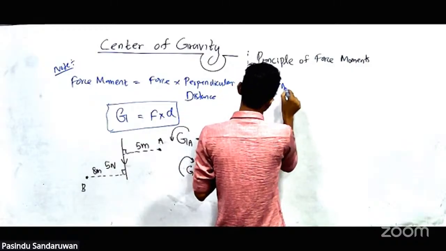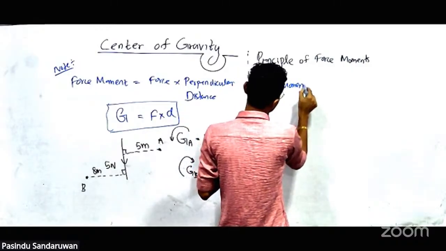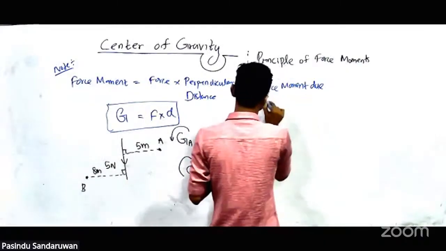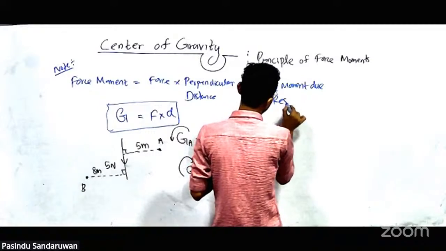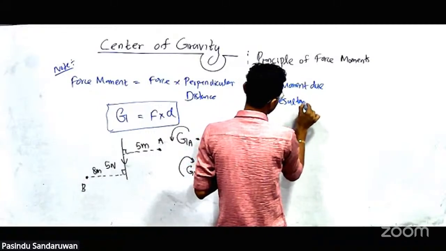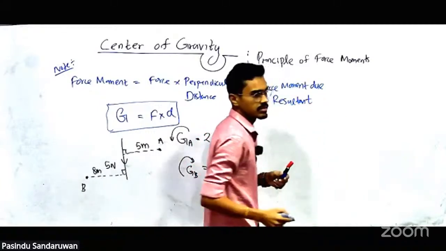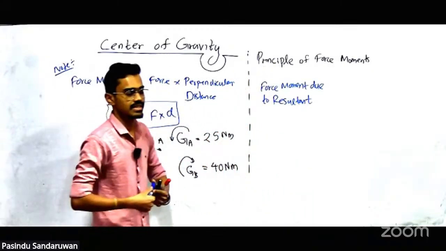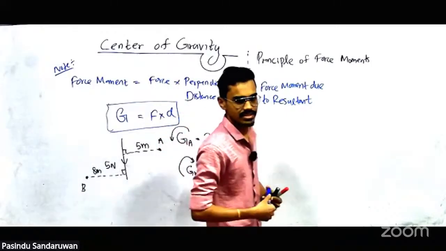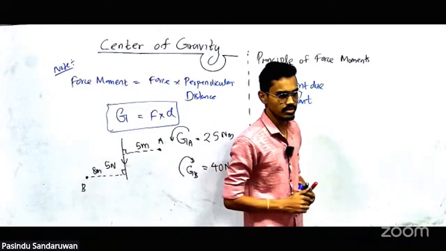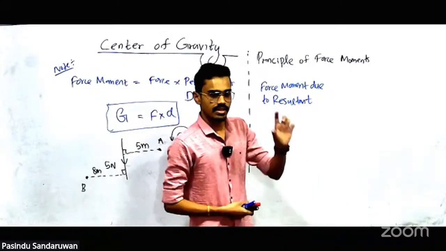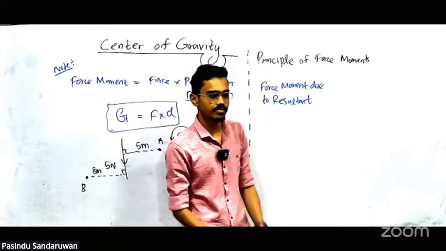Force moment due to, don't write, resultant. What is resultant? That everyone knows. Resultant is a single vector, a single force, to replace and represent a system of vectors.